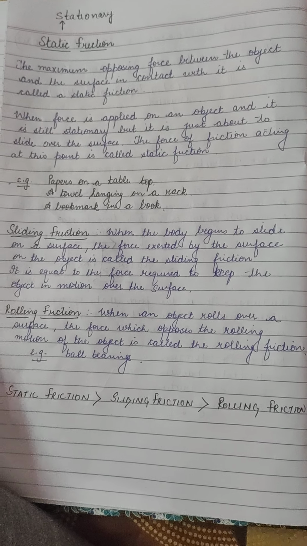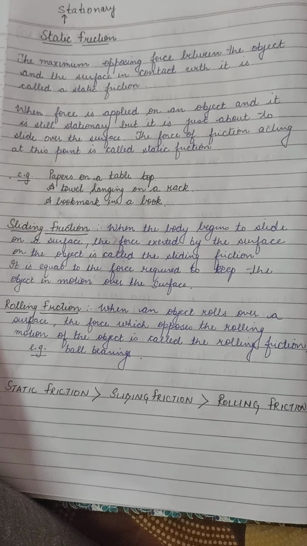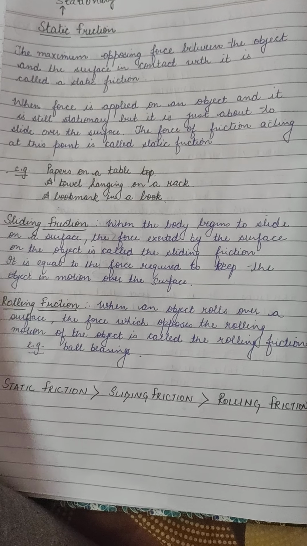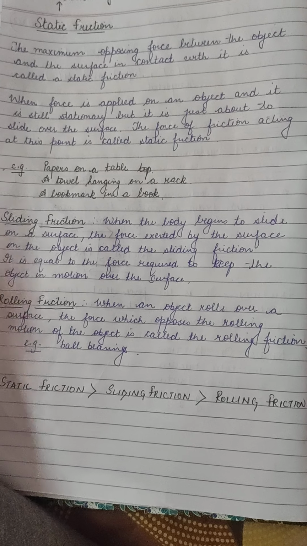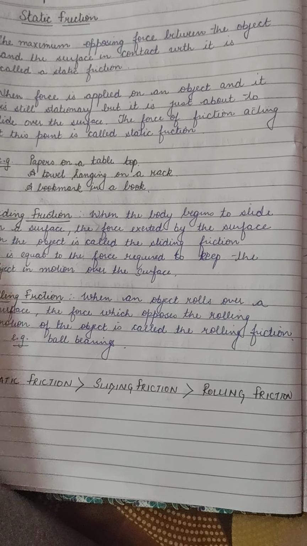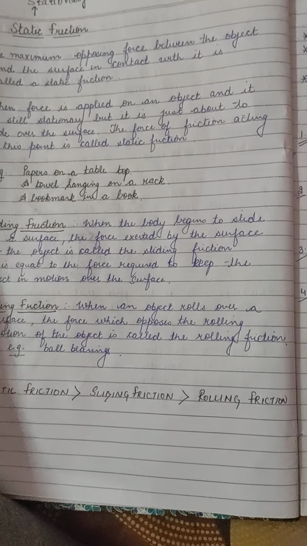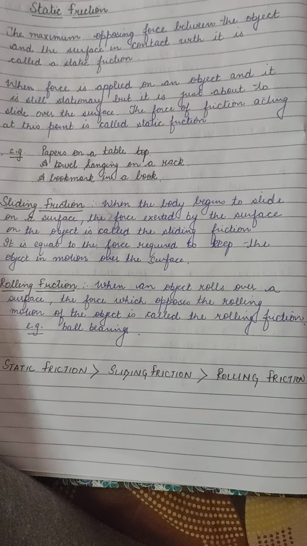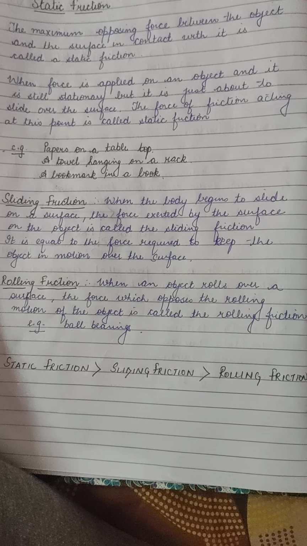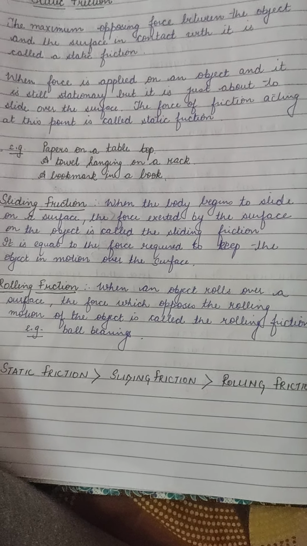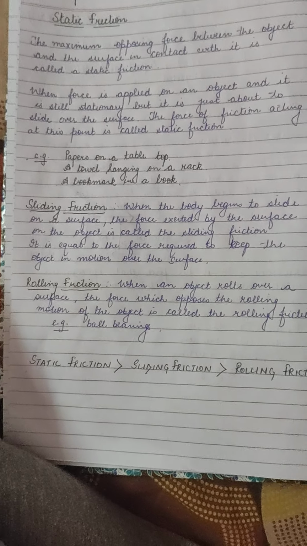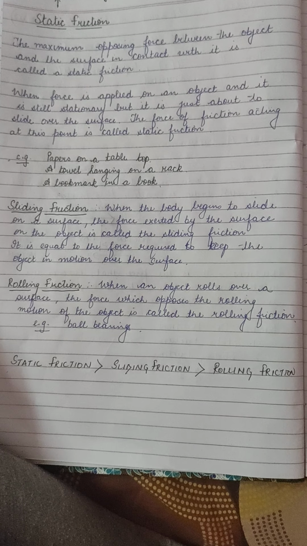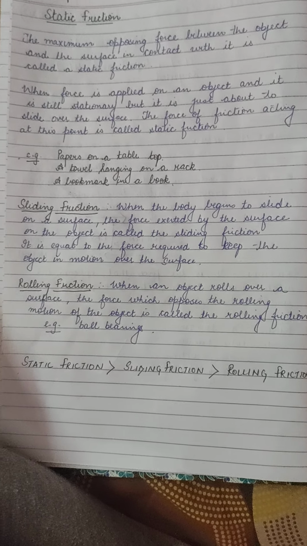Second, when the body is sliding, we have sliding friction: the force exerted by the surface on the object. You have to mention this in every friction part, because friction is the force applied by the floor. And rolling friction: when an object rolls over the surface, the force which opposes the rolling motion of the object is called rolling friction. Static friction is the maximum one, then sliding friction, and rolling friction is the least.